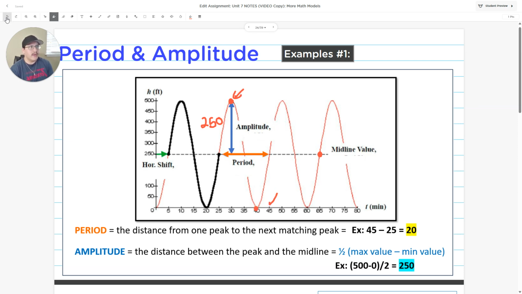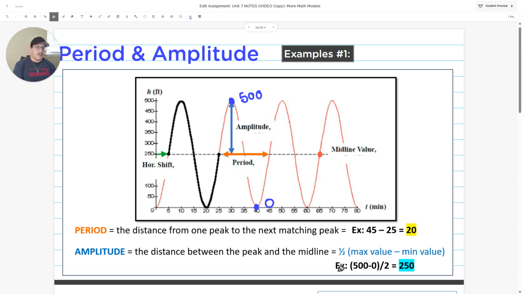In this case, we're going to be using the y values. Let me use a different color here. So we're going to be using the y values of the peaks and the valleys, which for this one it's going to be 500, the h, and then for this one it's going to be 0.